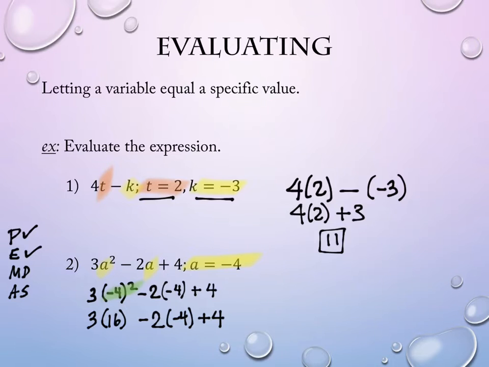M and D, I've listed them beside each other because multiplication and division don't have an ordering between them. It just means you move from left to right. So sometimes you might actually divide before you multiply, and that's okay. Do you have a question, Jasmine?